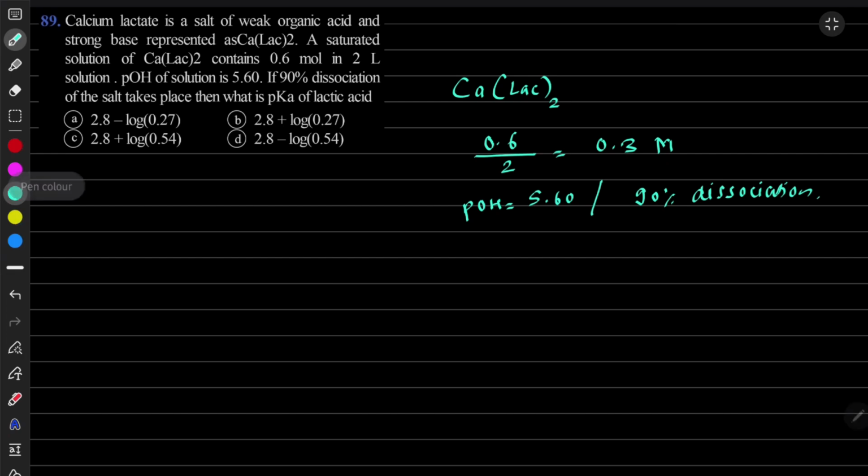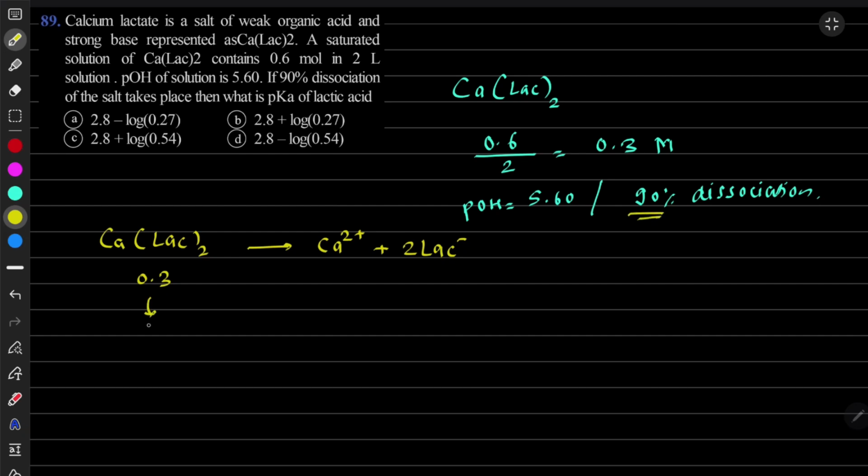So let us write step by step. If we have calcium lactate, it dissociates to give Ca2+ and twice LaC minus. Initially this concentration is 0.3 and out of that 90% is dissociated.